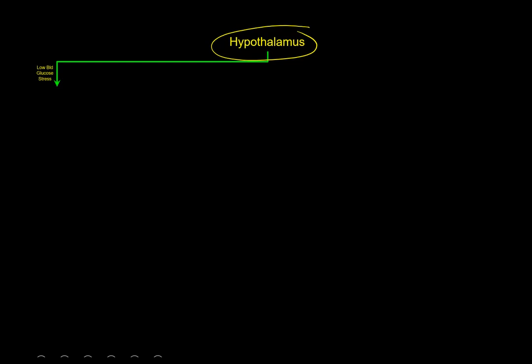So, concept map, which I call a family tree. Here's the hypothalamus. Okay, so we've got the hypothalamus. Green means go. Okay, so if you see a green arrow, that means go.